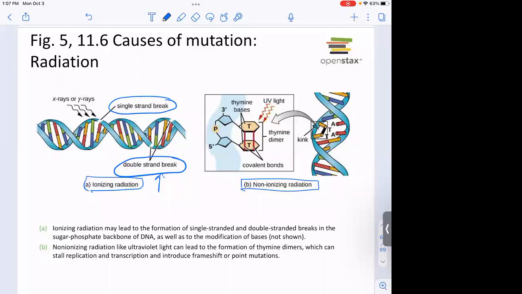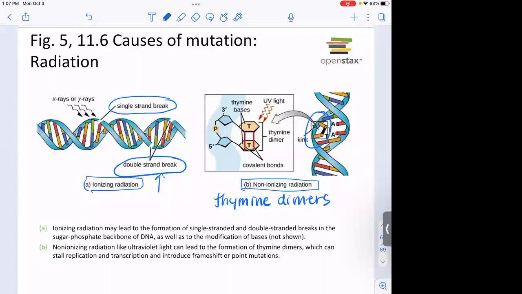Non-ionizing radiation causes a particular kind of mutation called thymine dimers. And that's where adjacent thymines on the same strand will bond to each other instead of their complementary adenine base.